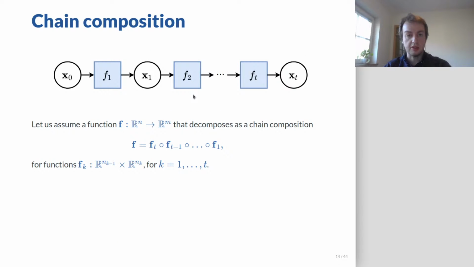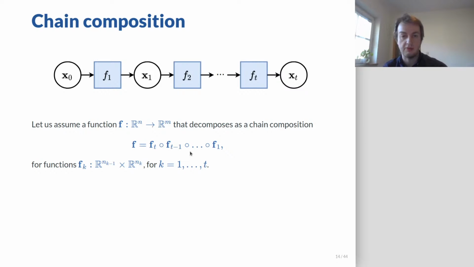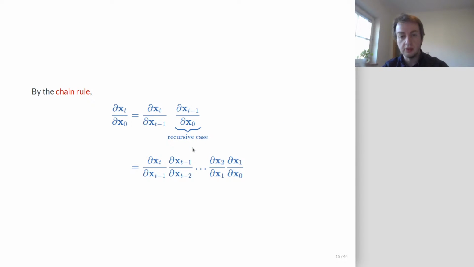We started with chain functions that can be decomposed as chain compositions, in which you nest functions into each other. Through the chain rule, we saw that you can express the Jacobian of the output with respect to the input as a product of intermediate Jacobians, which correspond to the intermediate functions fk with respect to their immediate input.